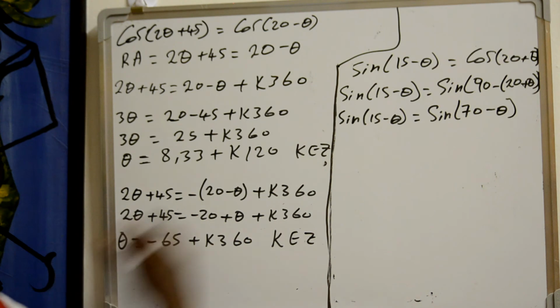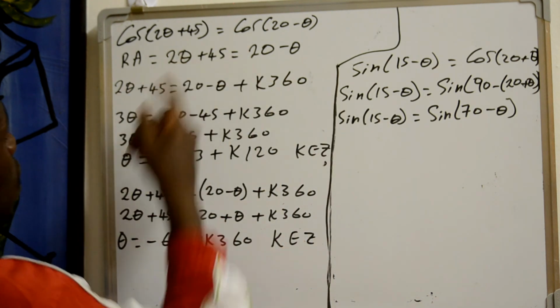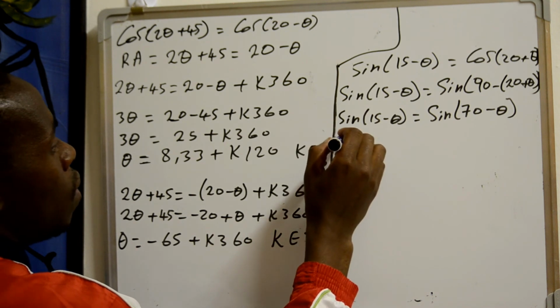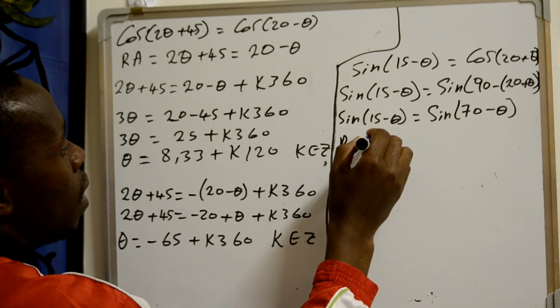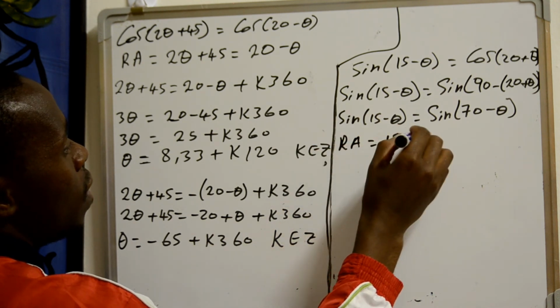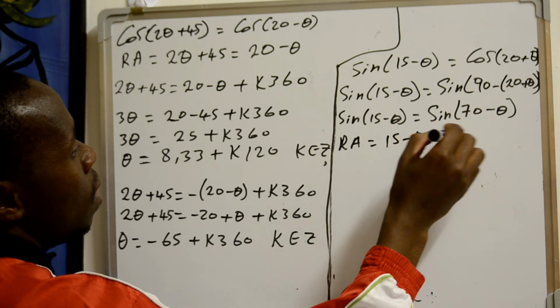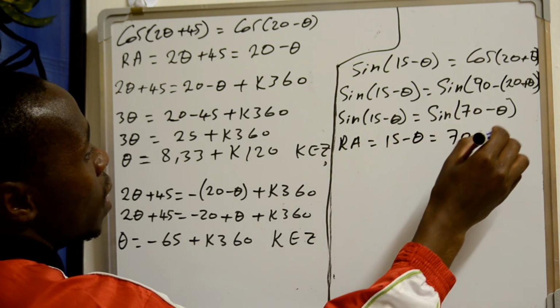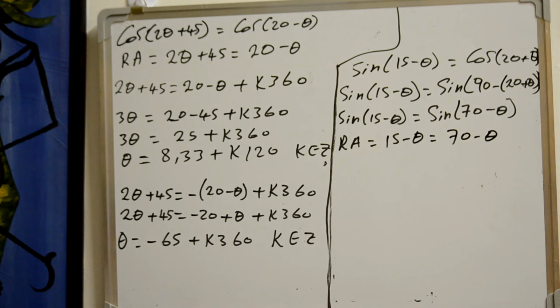Now we have the case of equal ratios, equal angles. So 15 minus theta equals 70 minus theta. We use the same approach for the angles.